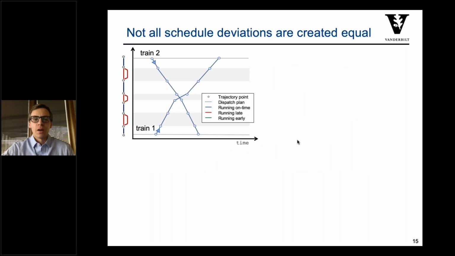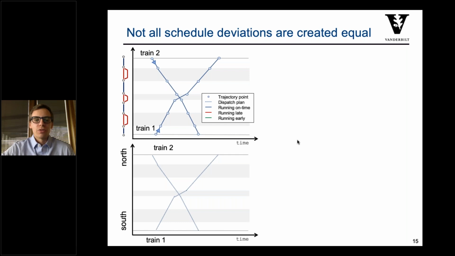So to give a brief illustrative example of why not every scheduled deviation is created equal, we'll take again a very simplified string line of two trains traversing a single track network and planning to meet and pass each other on the middle siding.